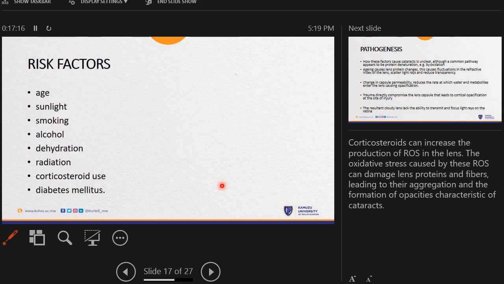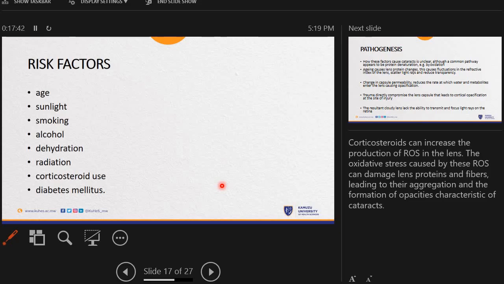Alcohol as well, dehydration, radiation, corticosteroid use. Corticosteroids can also increase the production of reactive oxygen species in the lens. The oxidative stress caused by these reactive oxygen species can damage the lens proteins and fibers, leading to their aggregation and the formation of opacities, characteristic of cataracts.